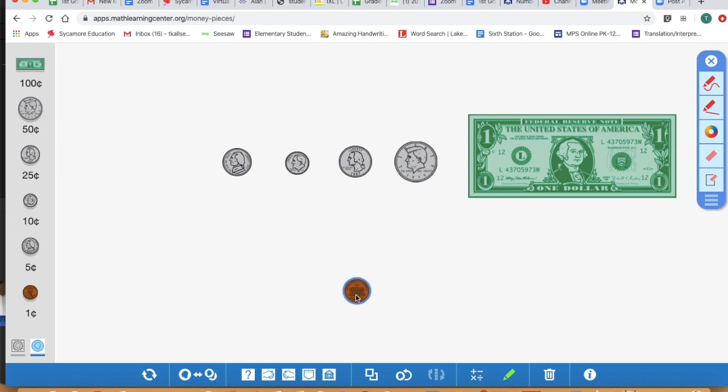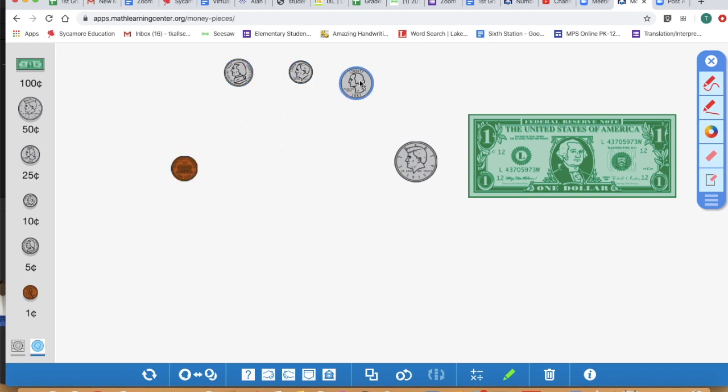So 1 cent is 1 penny. $1 is 100 cents, so it'd have to be 100 pennies.